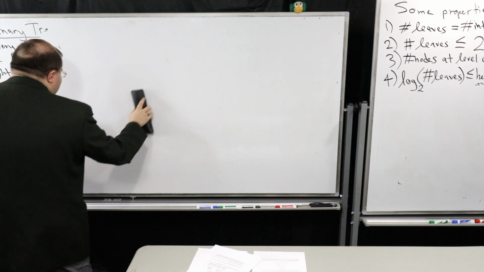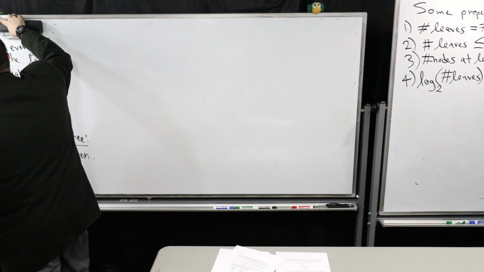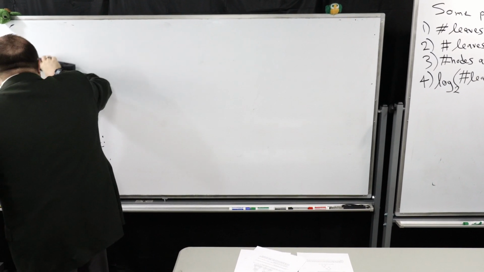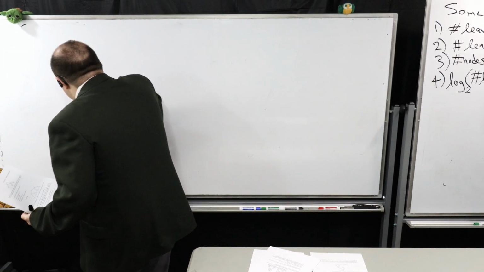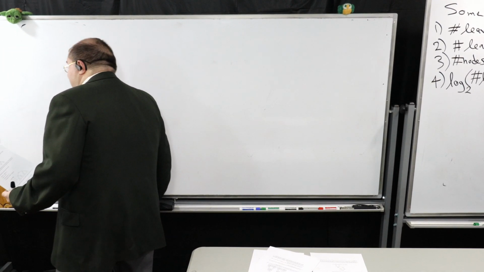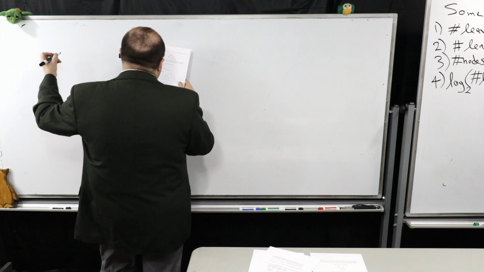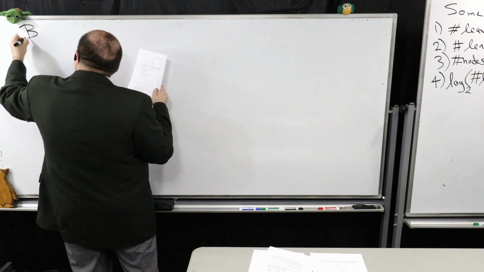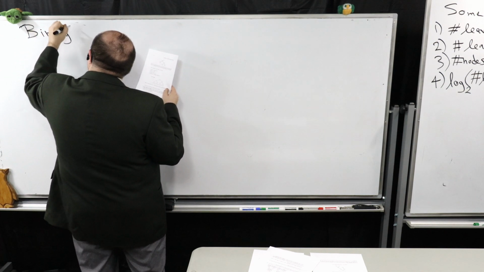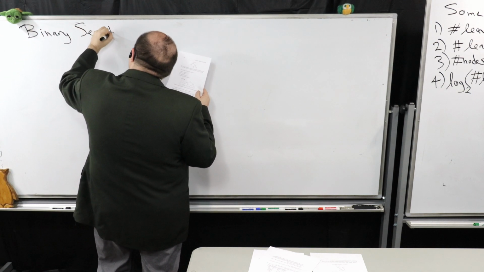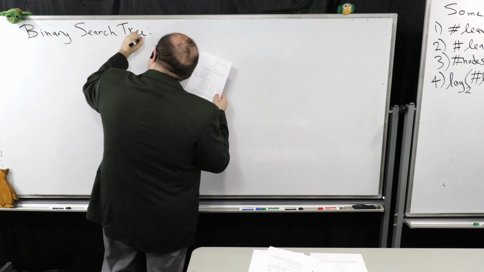It's very natural to describe a binary search tree as a proper binary tree. And if we do, we have lots of lovely properties we can use to talk about them. So we're going to refer to a so-called binary search tree. So let me define what that is.